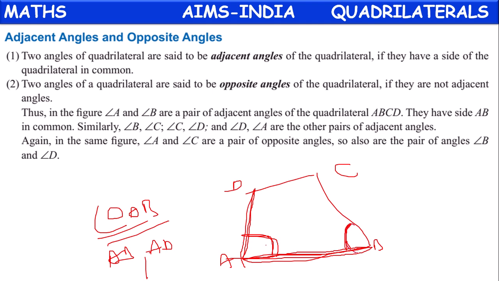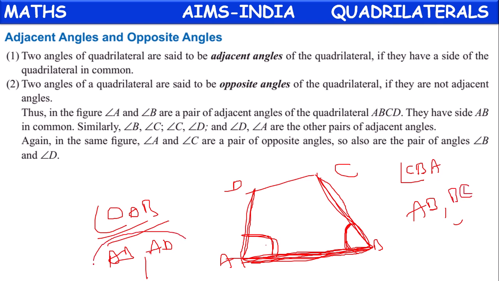In the same way, we have this angle CBA, which is formed because of the CB ray and the BA ray, or the AB ray and the BC ray.